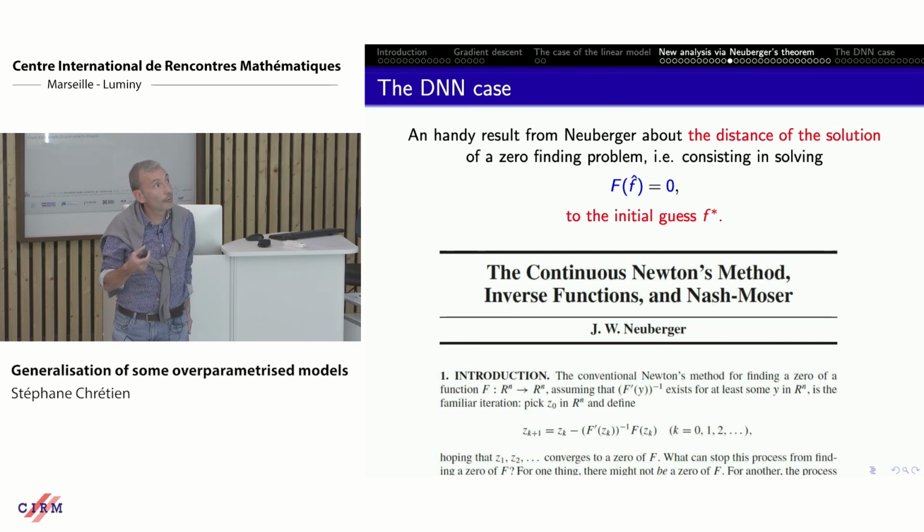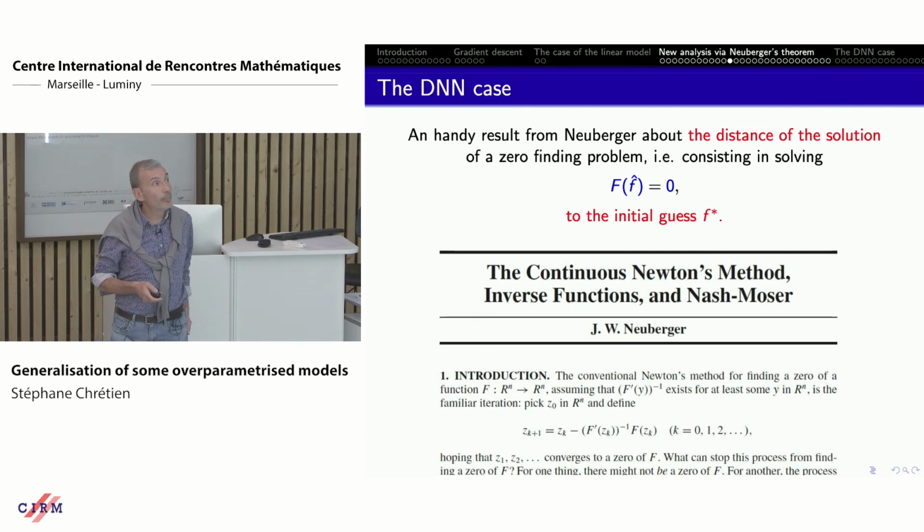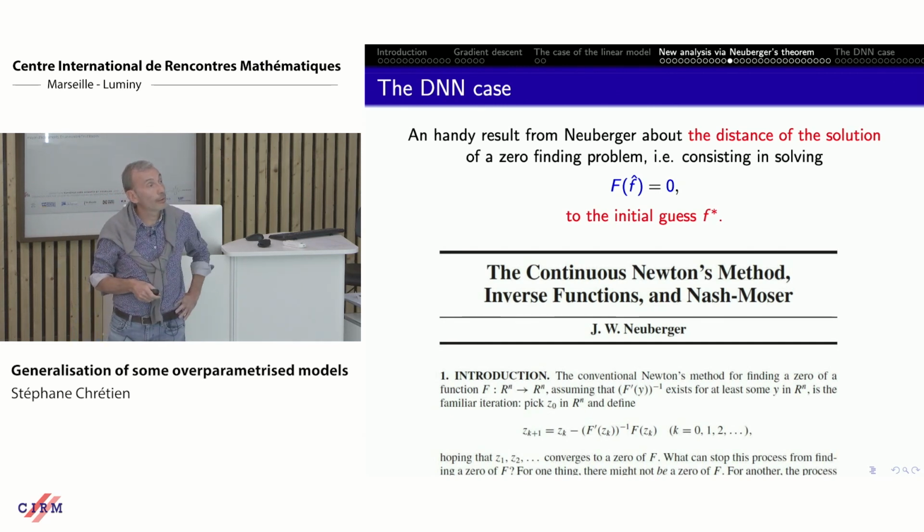It's a zero finding problem, and it shows that by running a continuous Newton method, you can easily prove bounds between the starting point of the Newton method and where it lands when it solves the problem of finding a zero of that function.